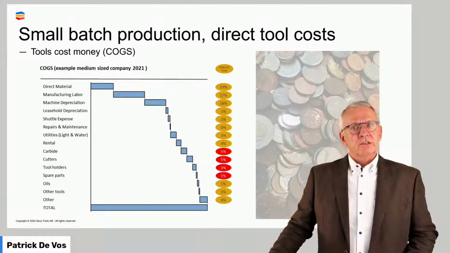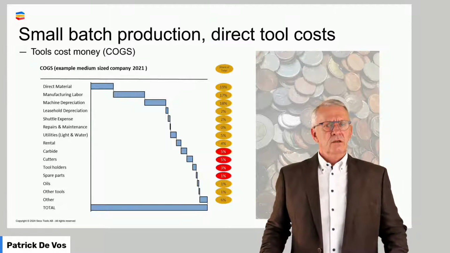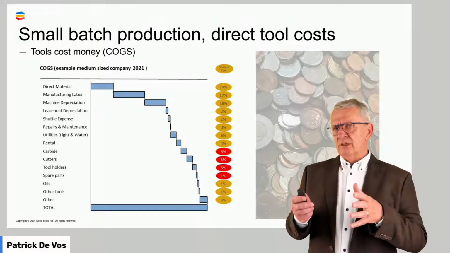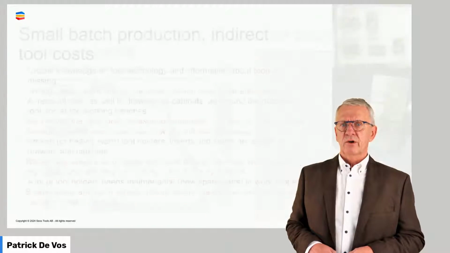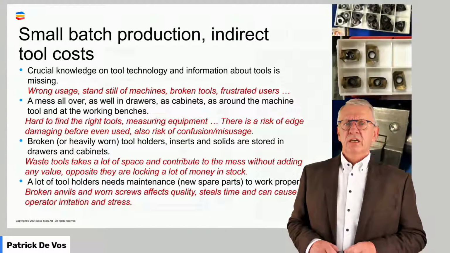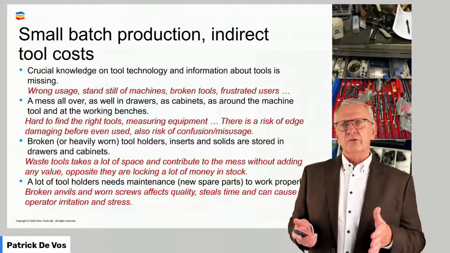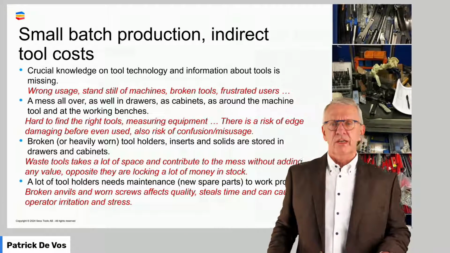Then, of course, is the question, why is that? What's going on there? So that is one element we have to be aware of. Another element is that in small batch production, next to the direct costs, you have a lot of indirect costs related to tooling.